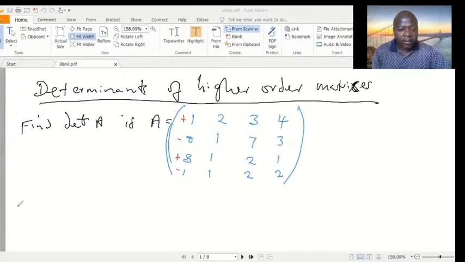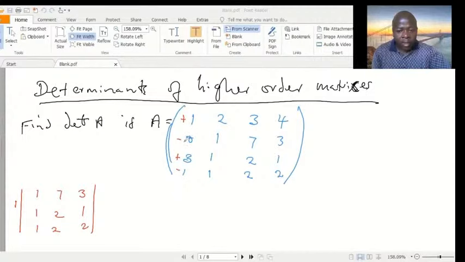So I would have 1 into, and the column of 1. When you delete the row of 1, the column of 1, what you have is 1, 7, 3, 1, 2, 1, and 1, 2, 2. So this is the one I'm saying we'll have to reduce to a 2 by 2. So it means this thing will be a bit long.